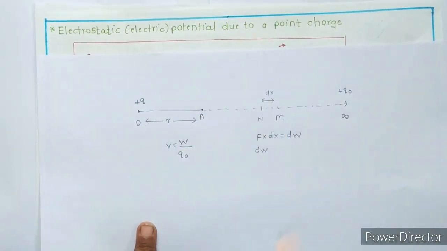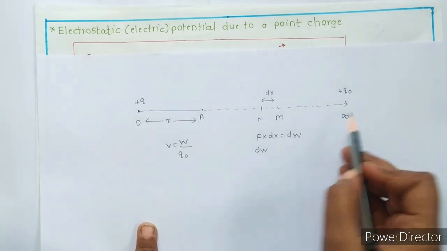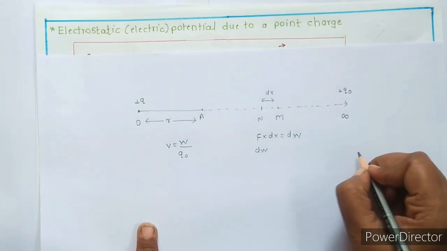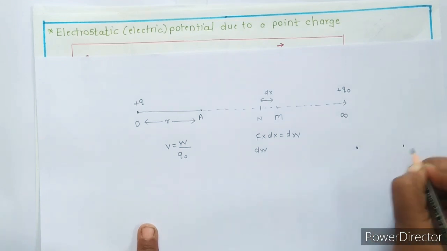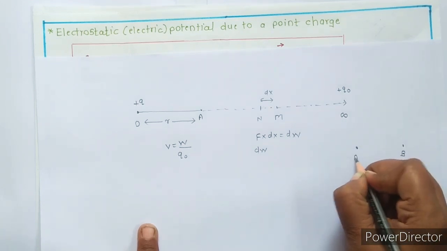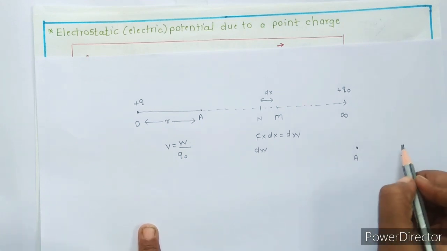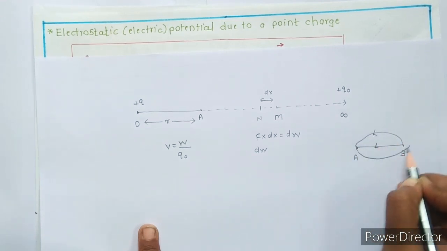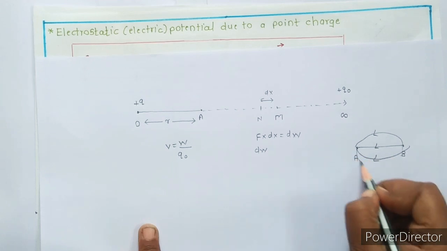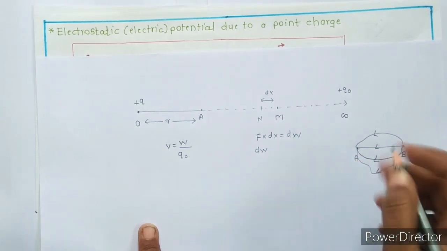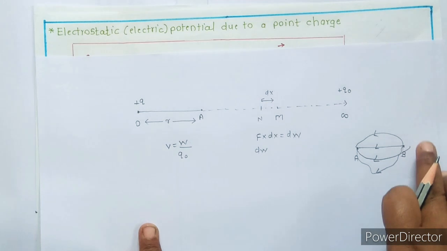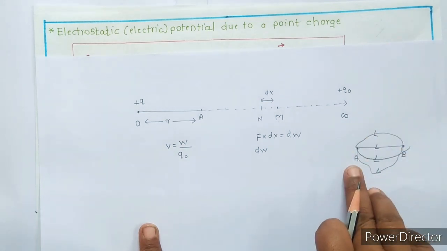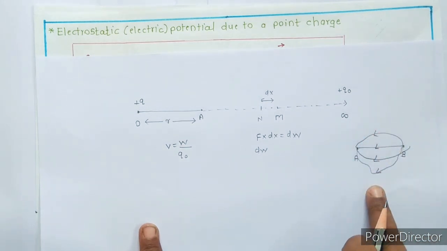Now in this case we also have to consider one point, that work done is independent of the path. What it means: suppose this is an initial position and this is a final position. Work can be done in a number of ways, like this way, this way, this way, this way. That means a charge can be moved from point B to point A in a number of ways.